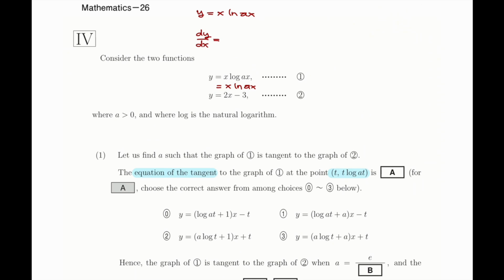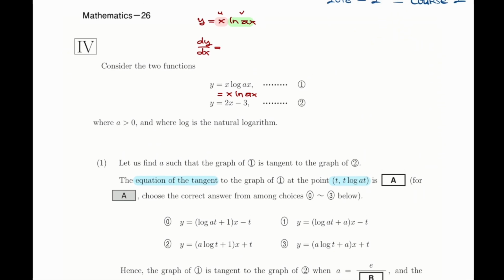I will assume x as u and ln ax as v. If we want to find the derivative of u times v, then it is u prime times v plus u times v prime.